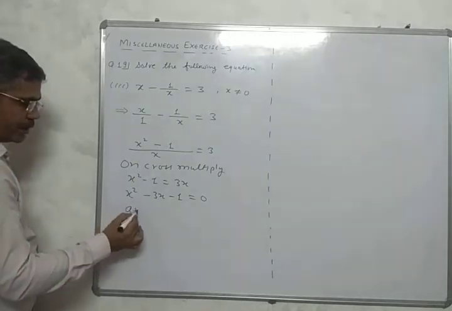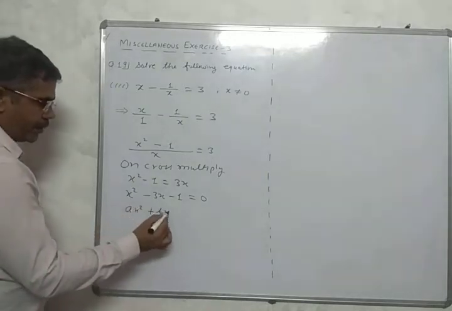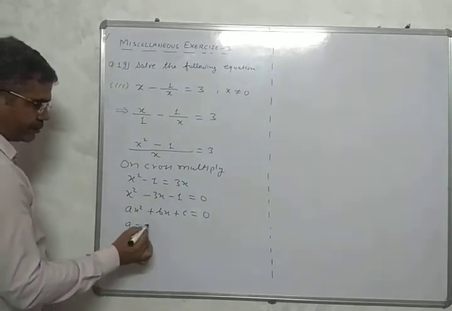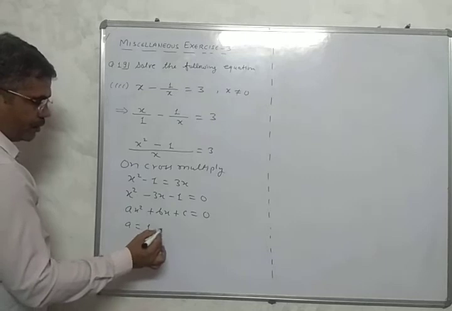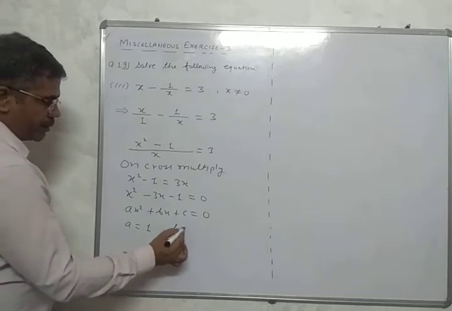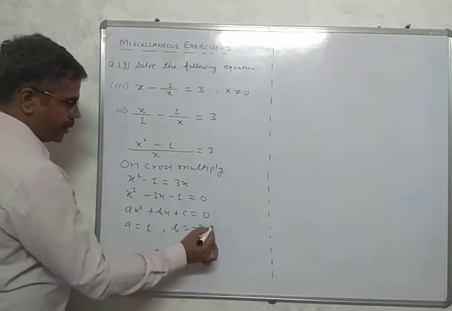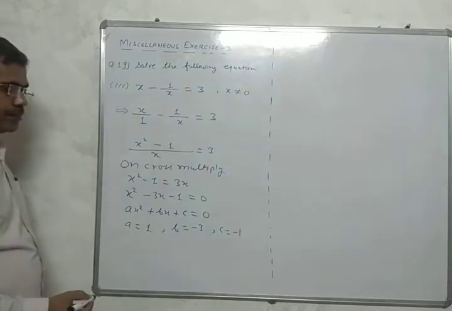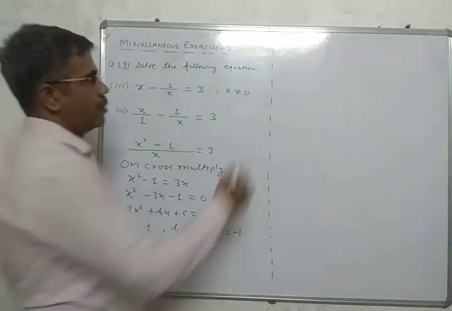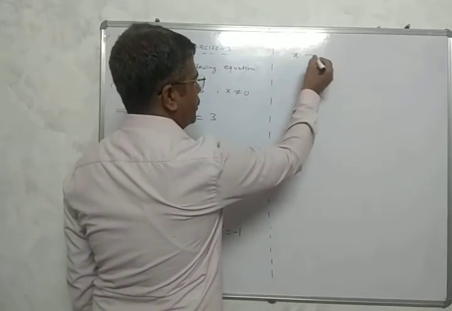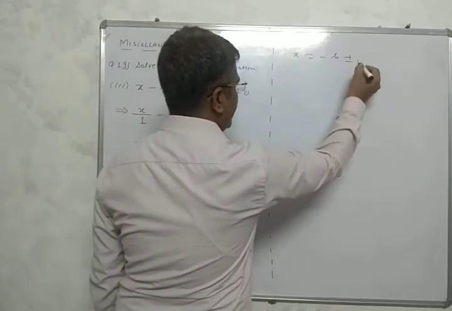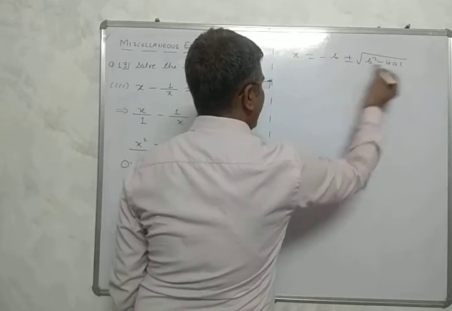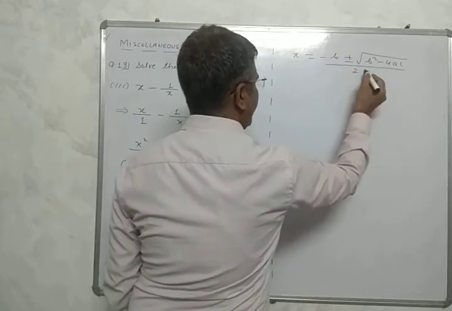On comparing with the standard quadratic equation, we have a equals to 1 and b equals to minus 3 and c equals to minus 1. We write the quadratic formula x equals to minus b plus minus under root b square minus 4ac upon 2a.